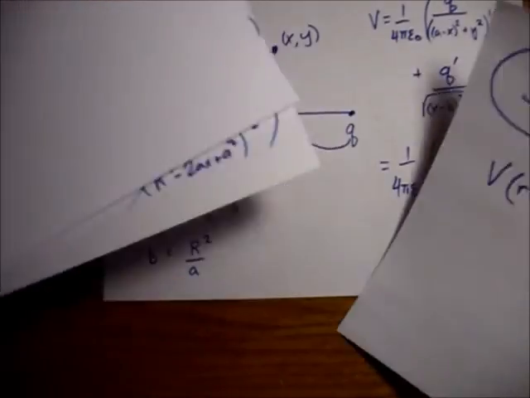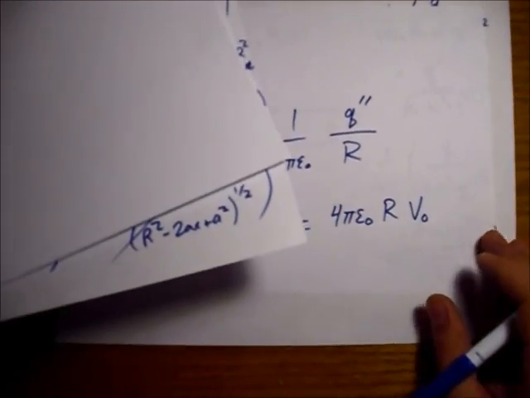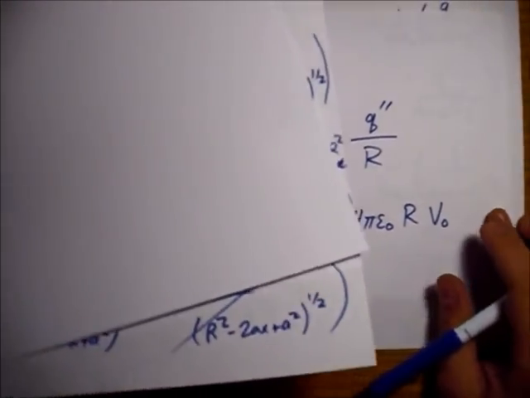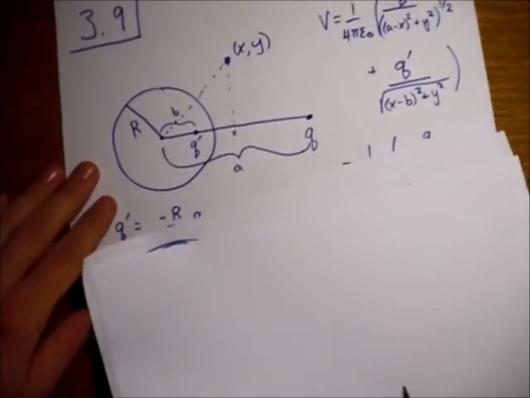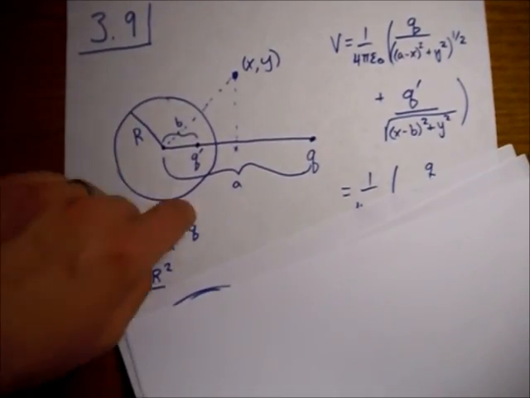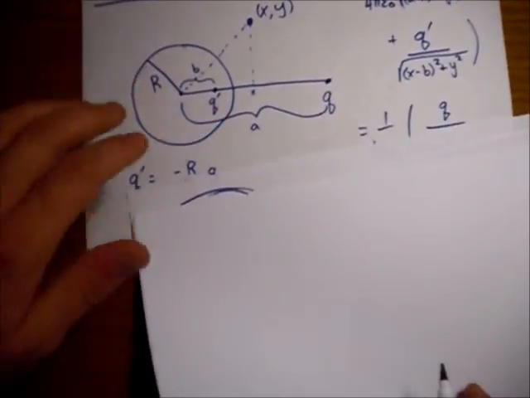Let's do it for a neutral conducting sphere. Again, the same conditions are going to apply, because this sphere is still an equipotential.